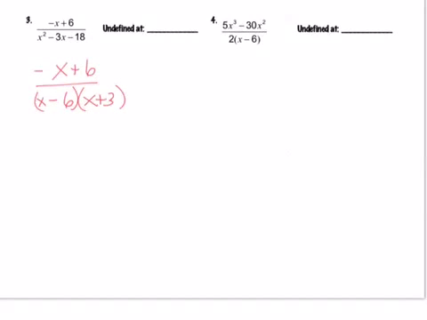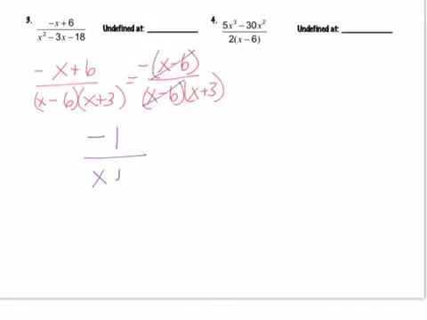So if I take a negative out of the top, I have x minus 6, which is the same as what I have on the bottom. Sweet, I can cancel. So I cancel those out, and I have a negative 1 on top all over x plus 3 left.